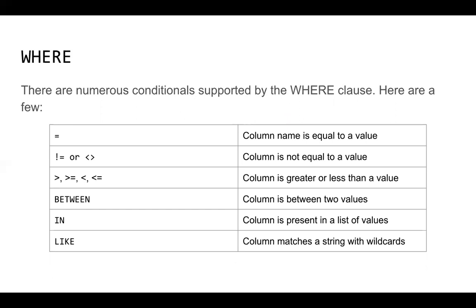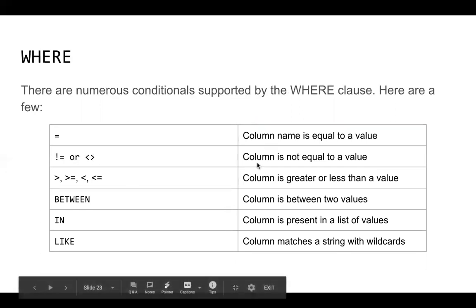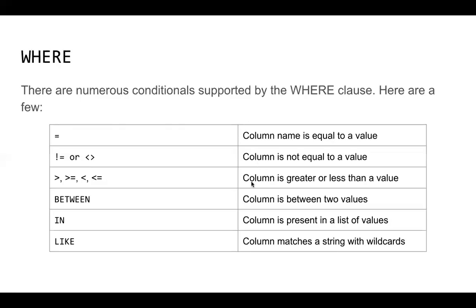There's a few. So equality, whether or not a column name is equal to a value. You can also use inequality, which can be represented as bang equal, or this symbol right here. You can use greater than or less than values, or greater than or equal to. Between will allow you to check if it's between two values. You can present a list of values by using in.